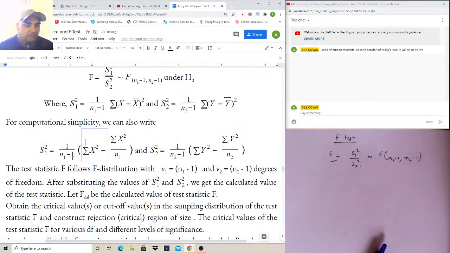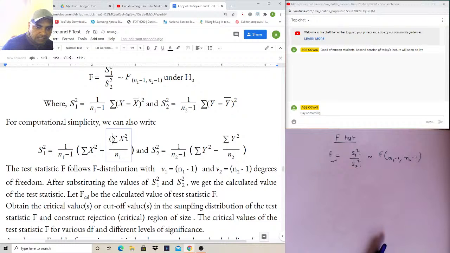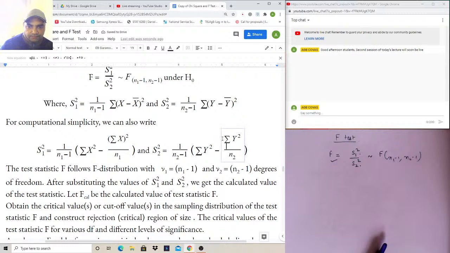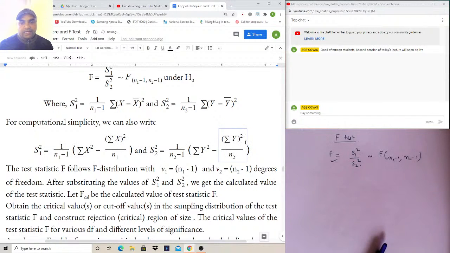S1 square will be 1 upon n1 minus 1 into sigma x square minus (sigma x) whole square upon n1, and s2 square will be equal to 1 upon n2 minus 1 into sigma y square minus (sigma y) whole square upon n2.